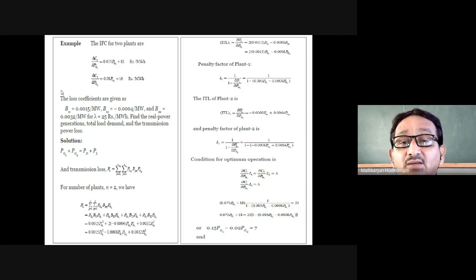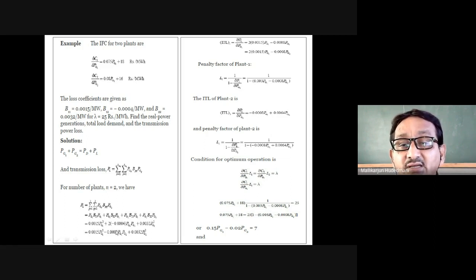Look at the system: PG1 plus PG2 should be equal to PD plus PL. Then PL is written as a summation of block. This is expanded over here directly: B11 PG1 square, B22 PG2 square, 2 times B12 PG1 PG2. This is a split form, and I am telling you in the abbreviated form.